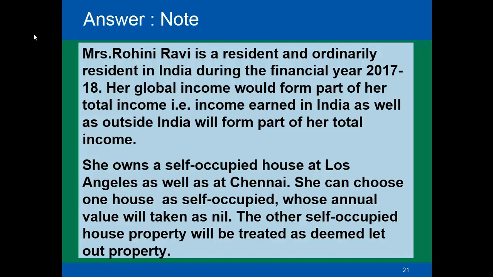At her option, one house can be treated as self-occupied, whose annual value will be taken as nil. The other self-occupied house property will be treated as deemed let-out property, and the provisions with regard to deemed let-out property are explained now.